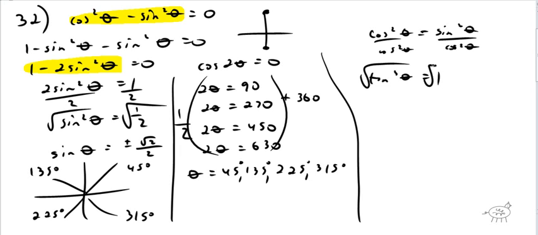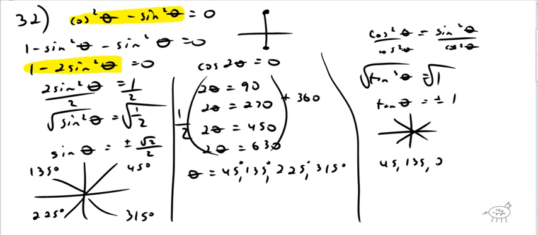Take the square root, so I get tangent of theta equals plus or minus 1. And of course, it's positive here and negative here. The reference angle is 45 degrees. That's how I get 45, 135, 225, and 315 degrees. Okay, so that was a good problem, because you could have done it a lot of different ways and still come up with the same answer.